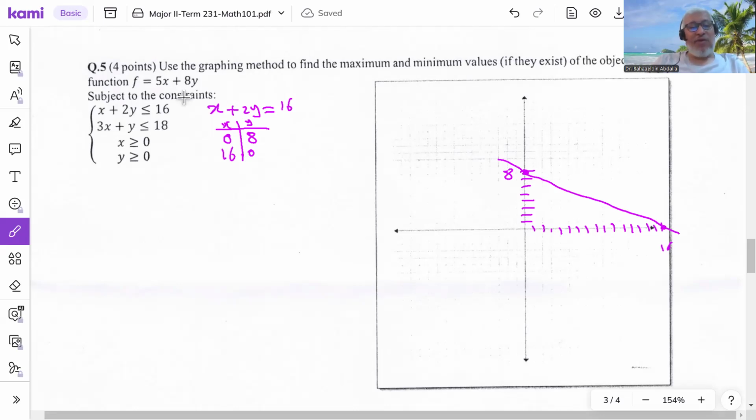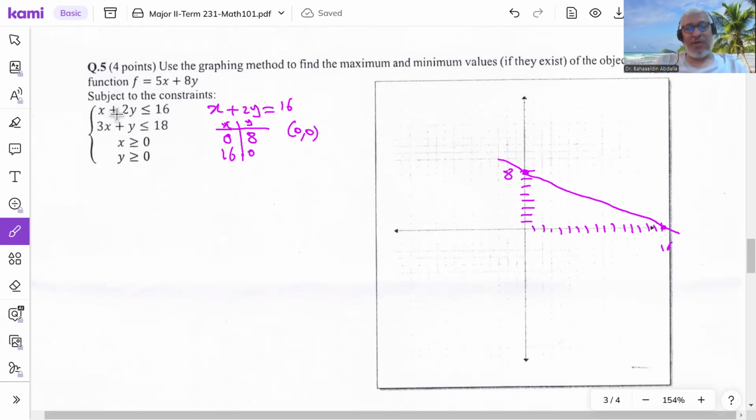Now the graph of the first inequality is half a plane. Is it the upper half, this half, or the lower half? To find out, I choose a point from this half or from this half. The easiest point to choose always is 0, 0.